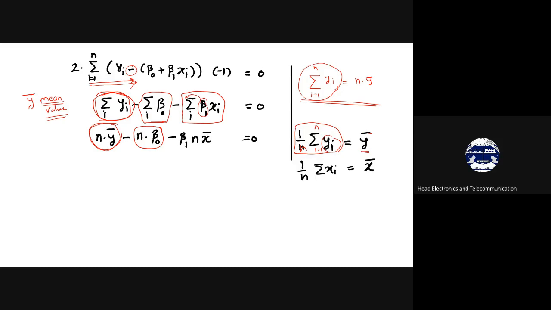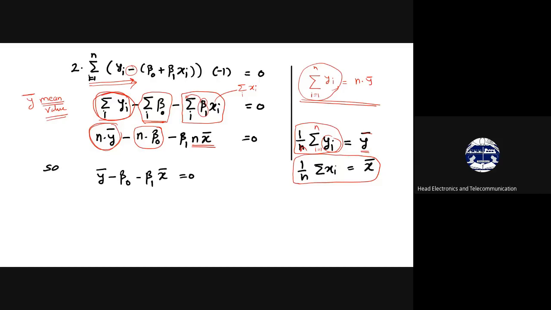And this will be summation of i equal to 1 to n of xi. Again I can write this as n into x bar, because x bar is now representing the mean or average. So this becomes simplified.